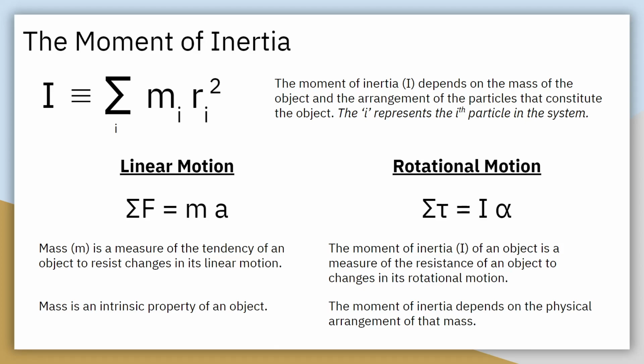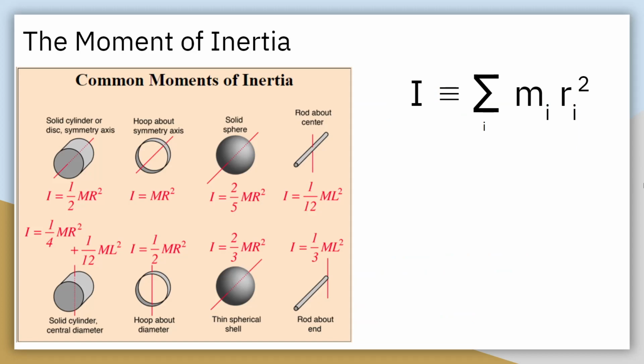Now, there are ways to actually quantify the moment of inertia for different objects. Because while this definition is very useful for having a conceptual understanding that a larger moment of inertia corresponds with objects having their mass distributed at greater distances, it's not super useful if we actually want to use the moment of inertia in this equation. Right here are some common moments of inertia.